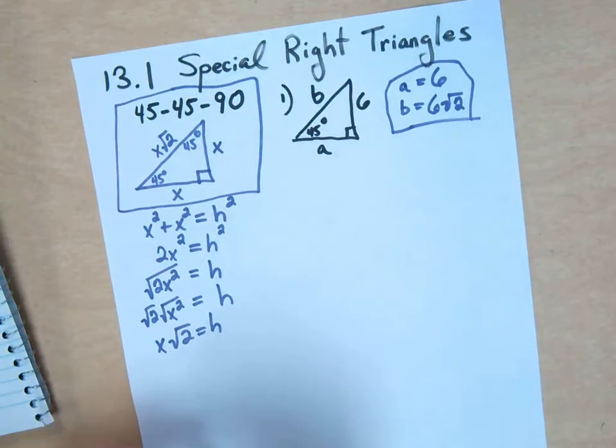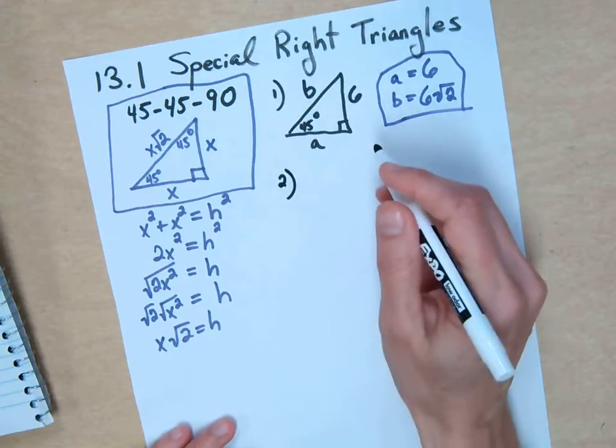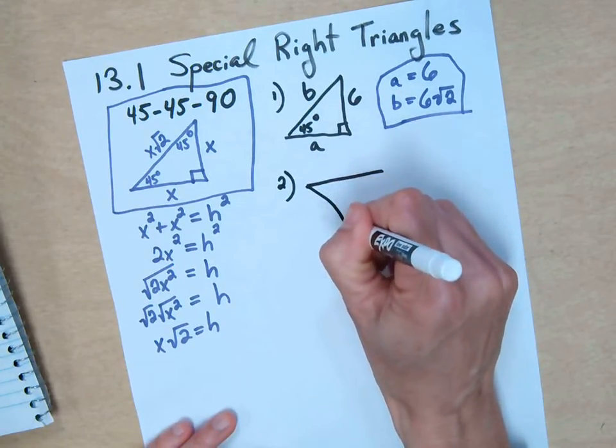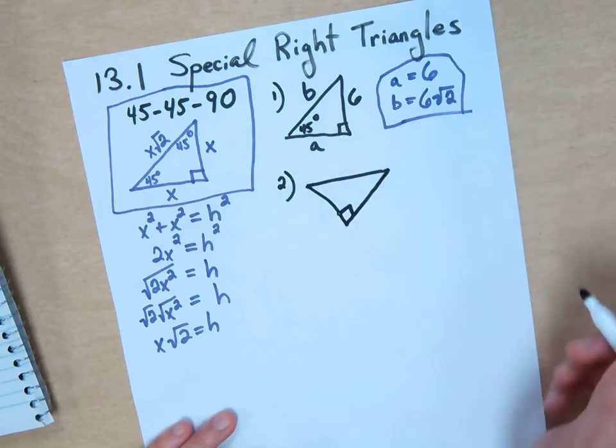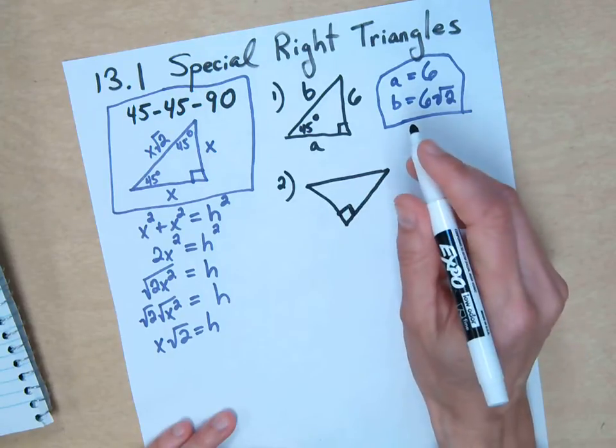Okay. So let's try another one where it's really fast and easy. We like it when it works out this way. So let's say we were given, let's draw it like this. Let's say that's our right angle. It looks like a Dorito or something. I don't know.